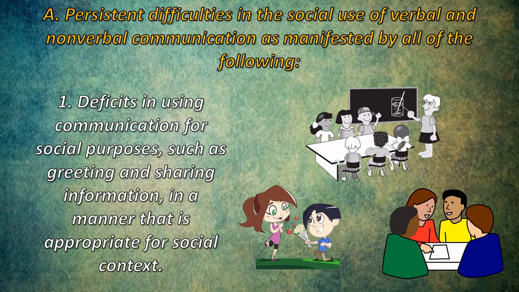appropriate for social context. What this means is that in life, different social contexts will require different ways of communicating, such as working on a school project versus participating in a class discussion.